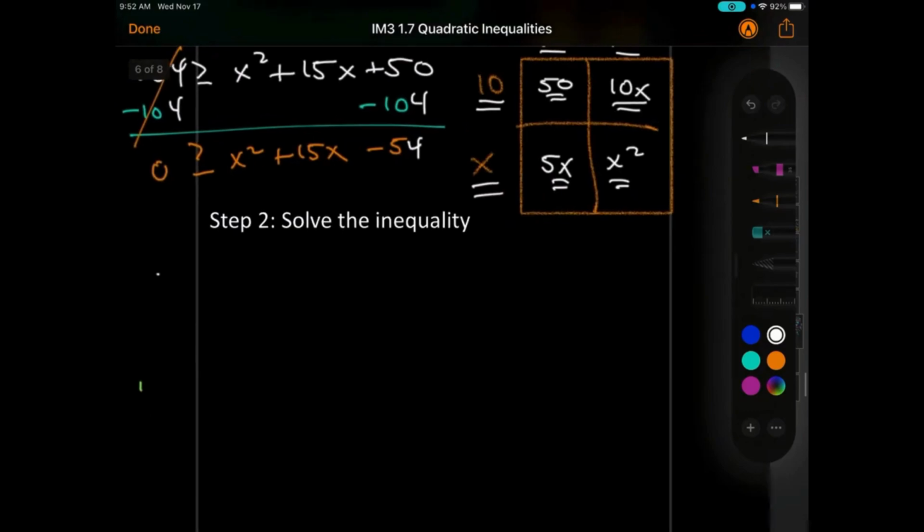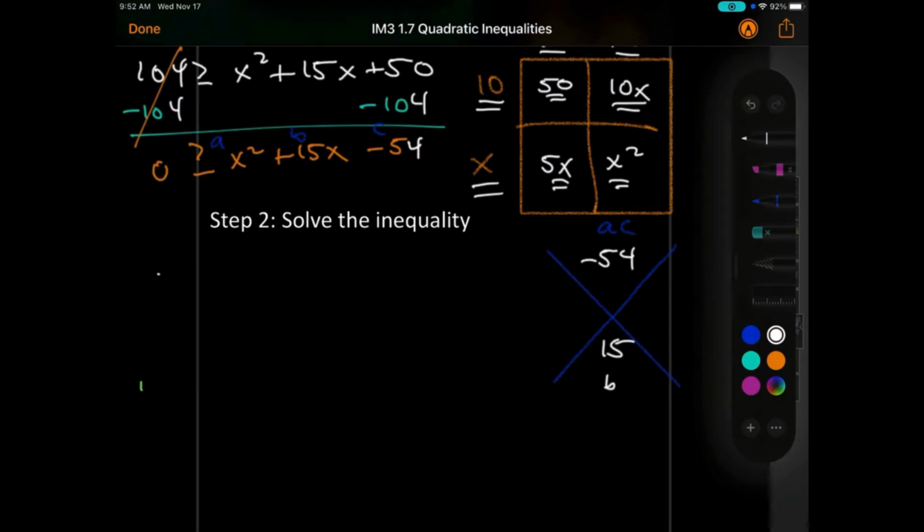Okay, how do I solve the inequality? Well, the easiest method, but won't always work, is to factor. So let's go ahead and try factoring this. So this is A, B, and C. So A times C is going to be negative 54. My B value is 15.